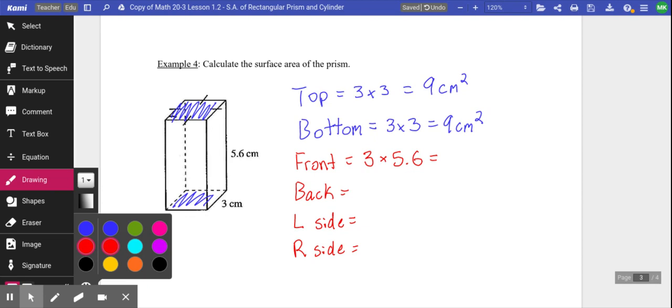Maybe 16.8. I don't trust myself on that, so I'm going to use a calculator. 16.8? Yeah. Perfect. I like that you guys are nodding to me. I need your help. Again, front, back, left, right, they're all the same. So I'm just going to put them all the same. I can kind of skip having to show the work. I just know they're the same. They're all 16.8 centimeters squared.